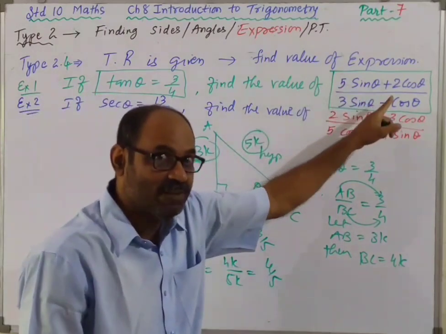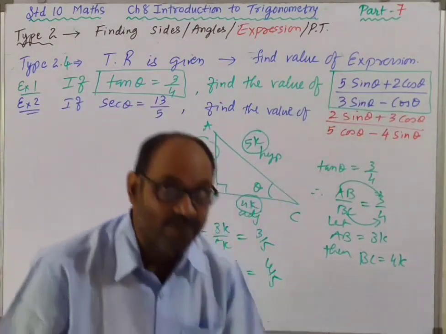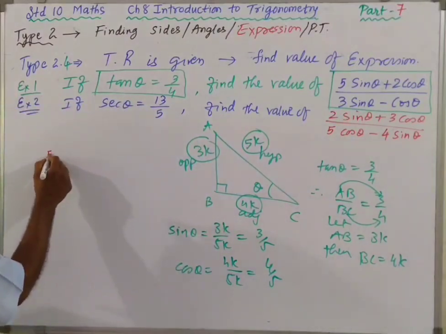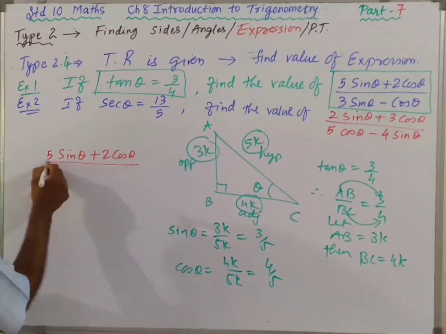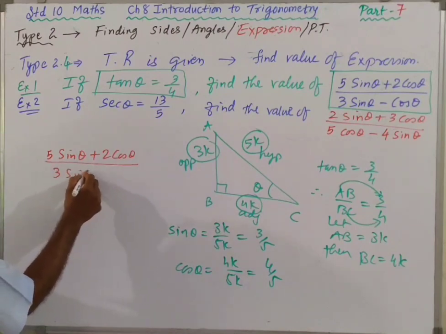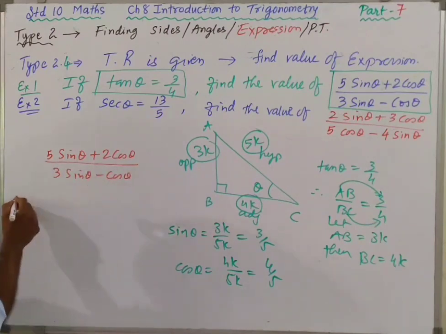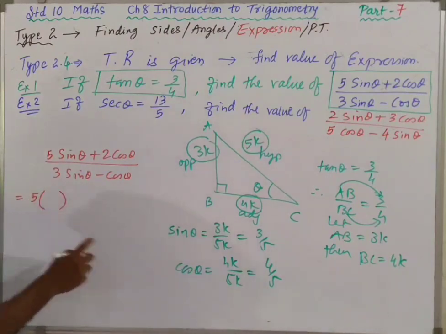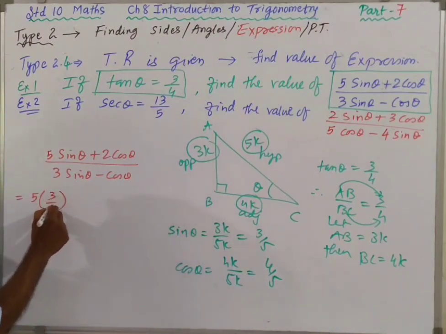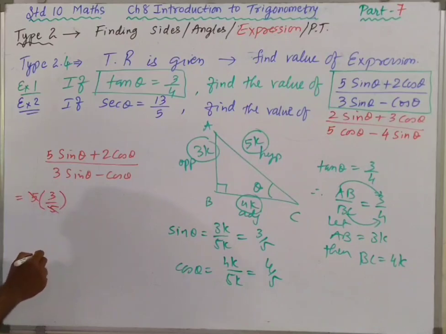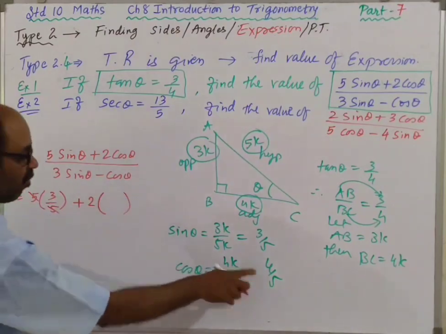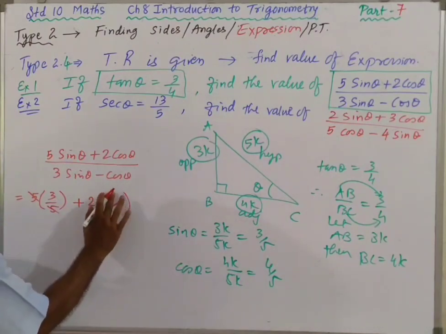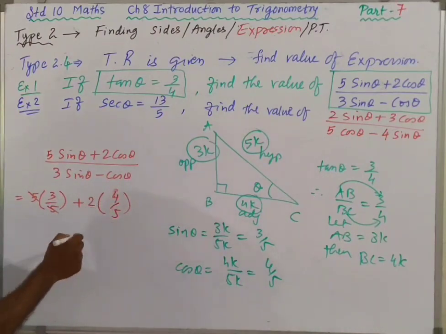Having known the value of sine and cos, now you can find the value of the expression. What is the expression? 5 sine theta plus 2 cos theta upon 3 sine theta minus cos theta. That is equal to 5 into the value of sine, 3 upon 5. The 5s cancel. Plus 2 into cos theta. What is cos theta? 4 upon 5. Unlucky here, you can't cancel.